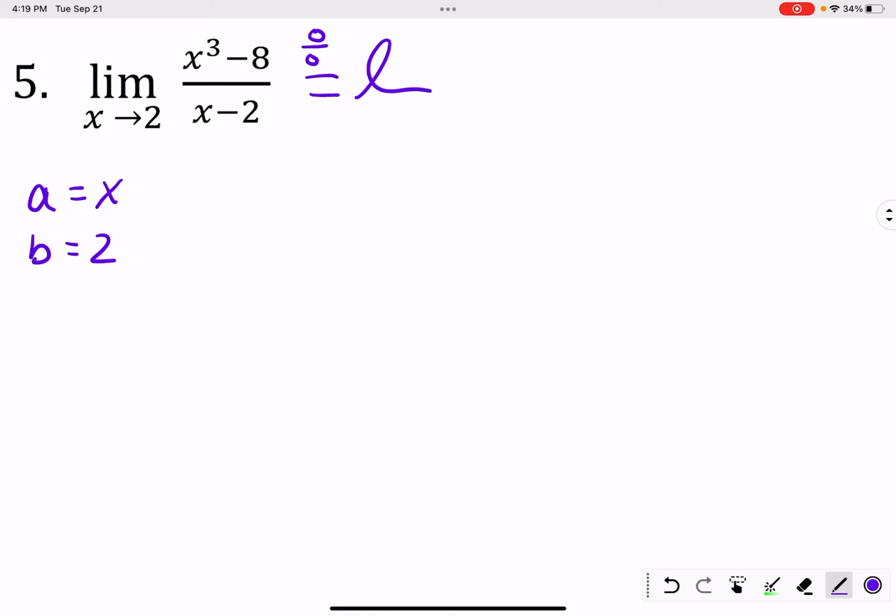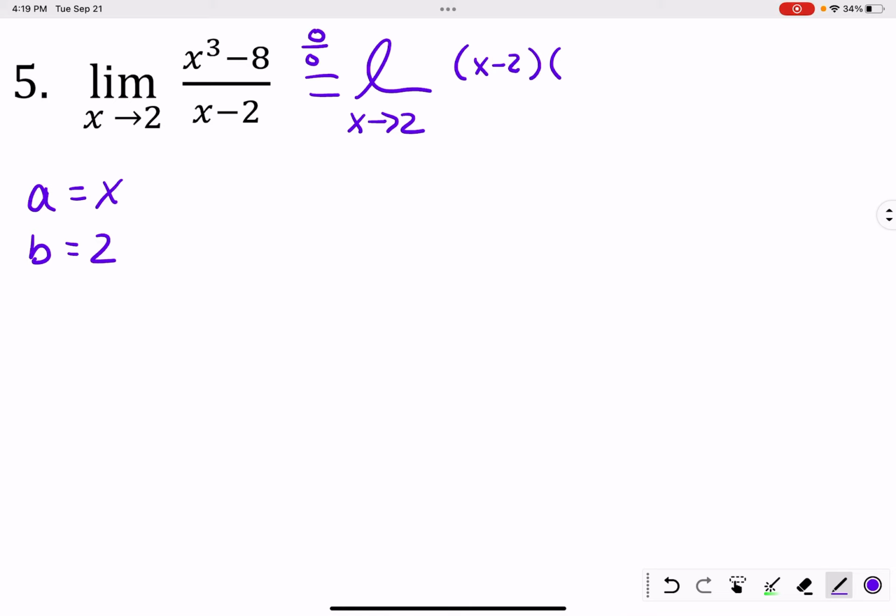Because I haven't evaluated yet, I'm going to write the limit again. But instead of x cubed minus 8, I'm going to take the factored form of that, which is x minus 2 times x squared plus 2x plus 4, all over just x minus 2 at the bottom.